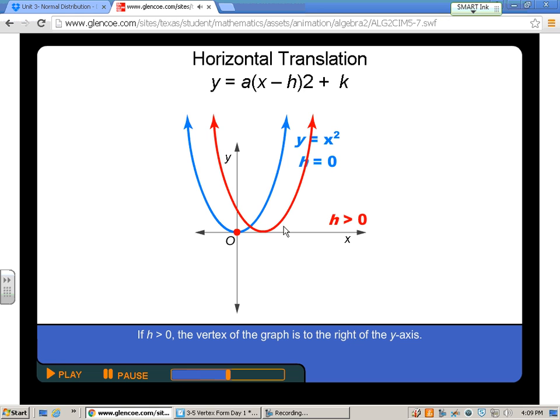So you can remember what we did about translations here, that when you do x minus h, it actually moves it to the right.